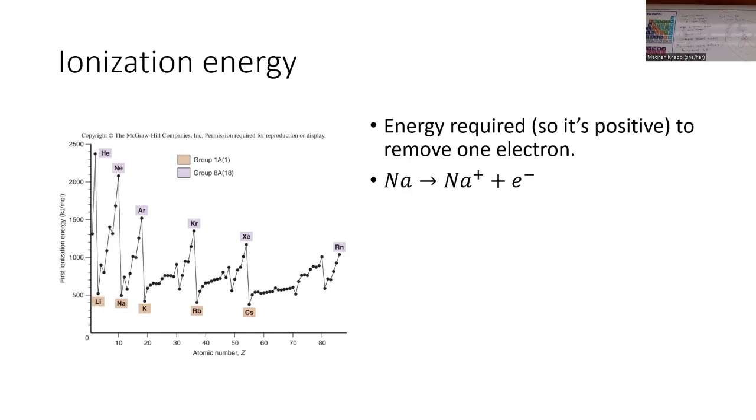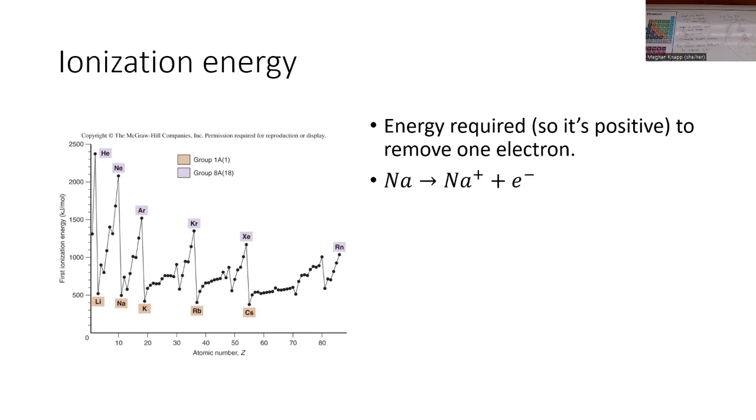So I'm quickly going to go through these things. If we compare ionization energy and electron affinity, it is the opposite. This is the gaining of the electron. I said taking an electron away doesn't happen in isolation. Something has to be taking the electron.